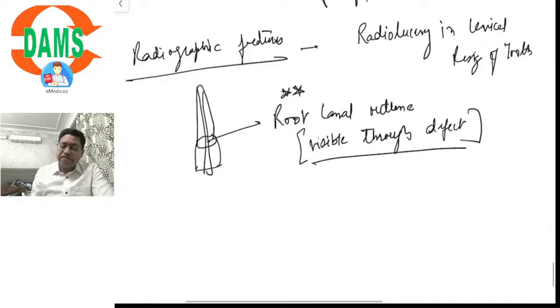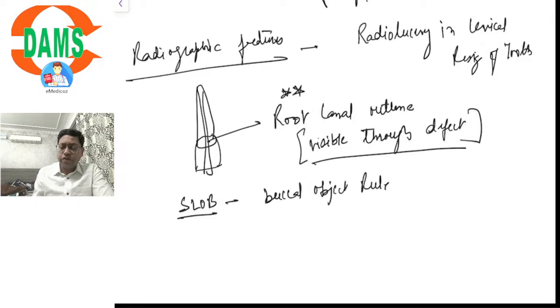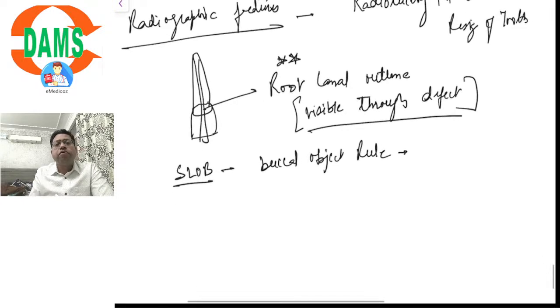Second, we can distinguish it from internal resorption by the SLOB rule, that is the buccal object rule. We all know the radiographic technique of Clark's rule, the SLOB rule. SLOB means same side lingual, opposite side buccal.